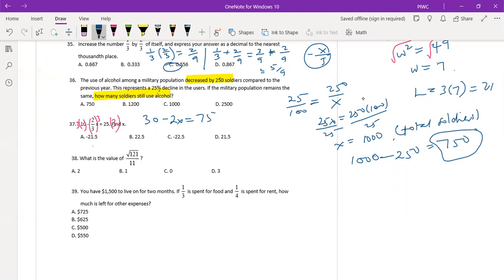If we solve this, you get your answer to be negative 22.5. Then number 38. What is the value of the square root of 121 over 11? The square root of 121, you have to do that first. That gives us 11, because 11 times 11 is 121. And divide by 11, so we get 1. So the answer is B.